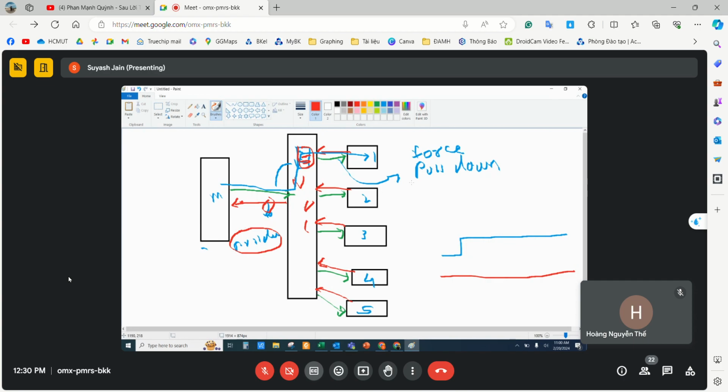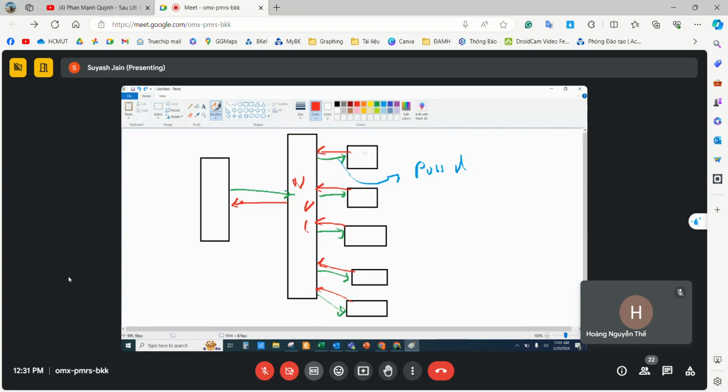First of all, we need to check whether the back pressure from each slave is coming towards the master. If that is happening, that is wrong. That should not happen. Suppose the ready of this slave, which I'm marking in purple, is low, and your master is targeting this slave.